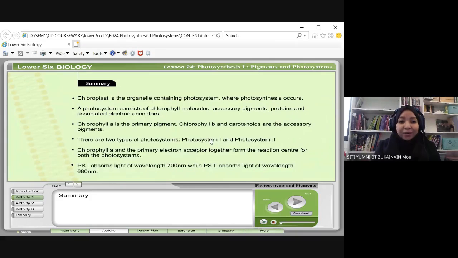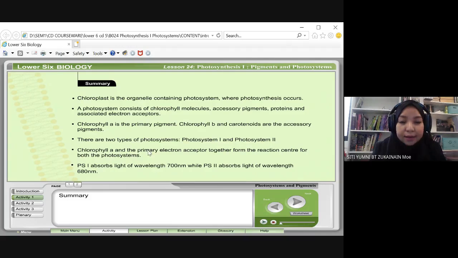By the end of this video, you should know that the chloroplast is the organelle containing photosystems where photosynthesis occurs. A photosystem consists of chlorophyll molecules, accessory pigments, proteins, and associated electron acceptors. Chlorophyll A is the primary pigment, and chlorophyll B and carotenoids are the accessory pigments. There are two types of photosystems, photosystem 1 and photosystem 2.